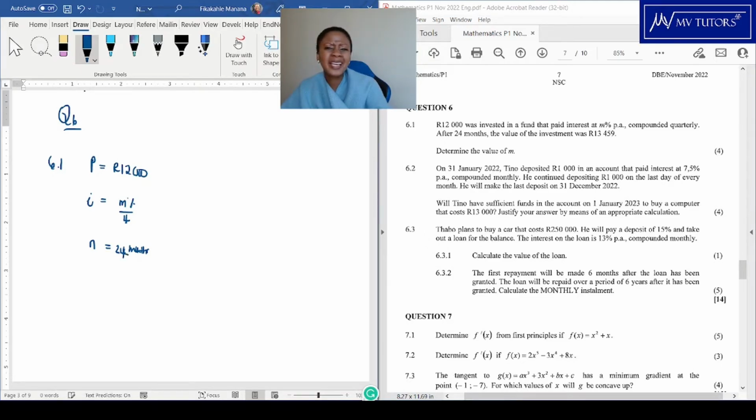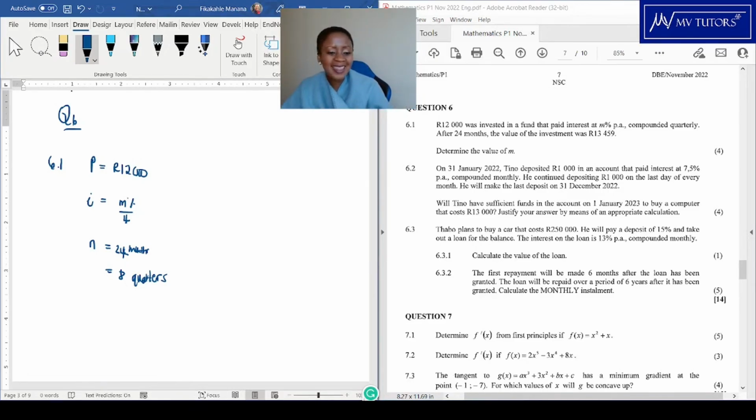In 1 year, you have 4 quarters, and in another year, you have another 4 quarters. So in total, you have 8 quarters.